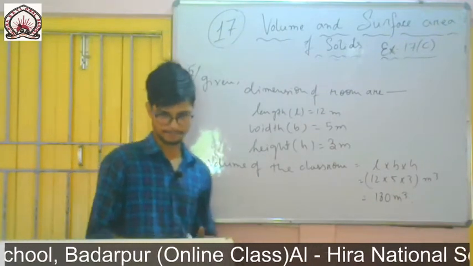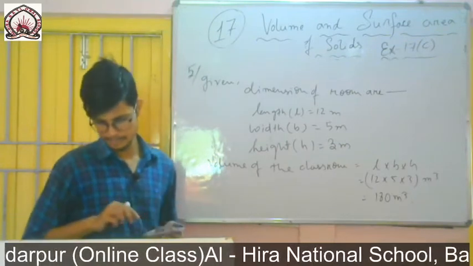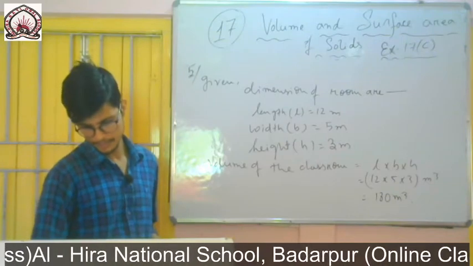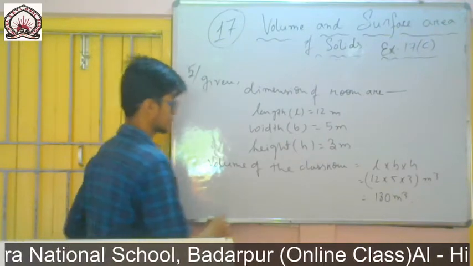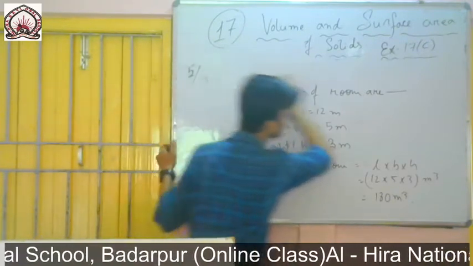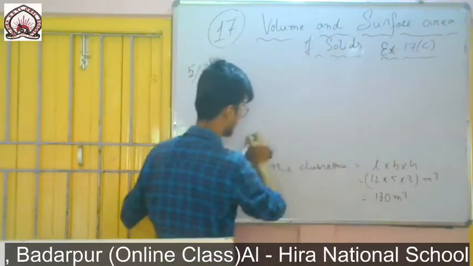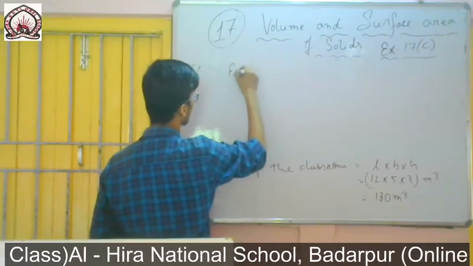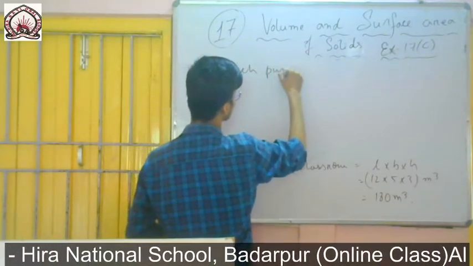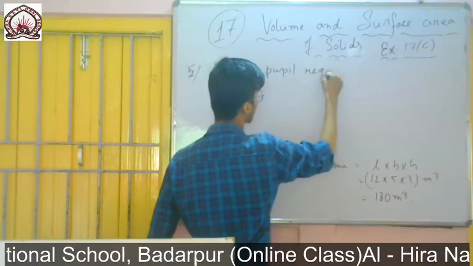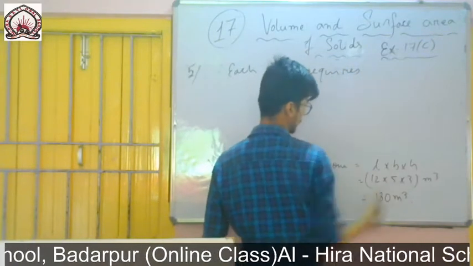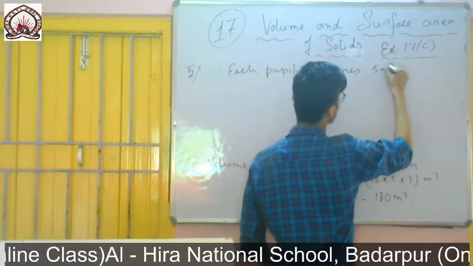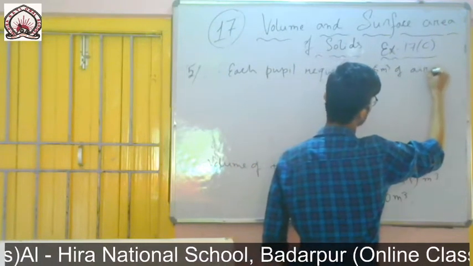So now you see in the question it is given that each pupil requires 5 meter cube of air space. So you write since each pupil requires 5 meter cube of air space.